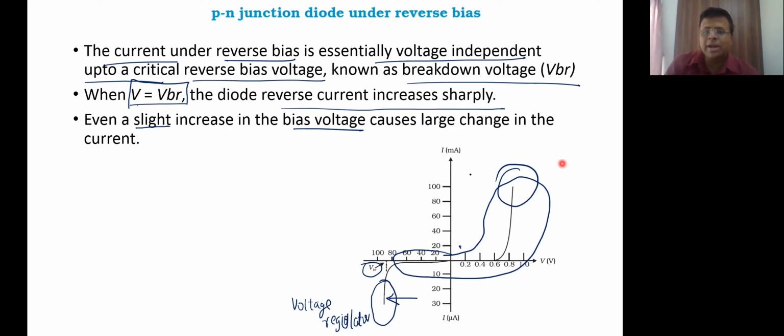In this region also current is very high, so your diode could be damaged. So you will have to either put some resistance in the external circuitry to ensure that the current is limited, or else the diode has to be fabricated in such a way that it can take on so much heat. All right, so you can take this down before we go ahead.